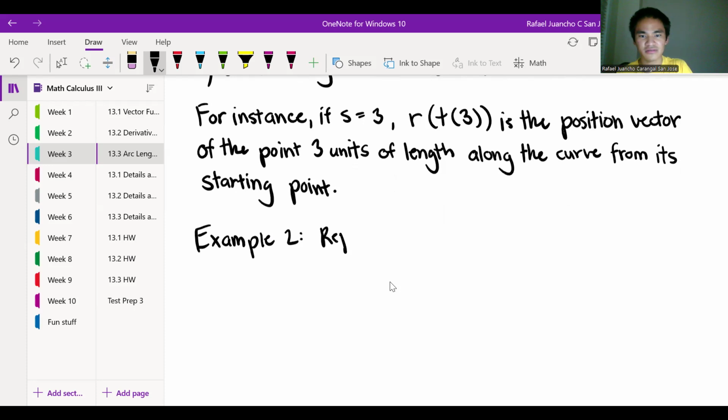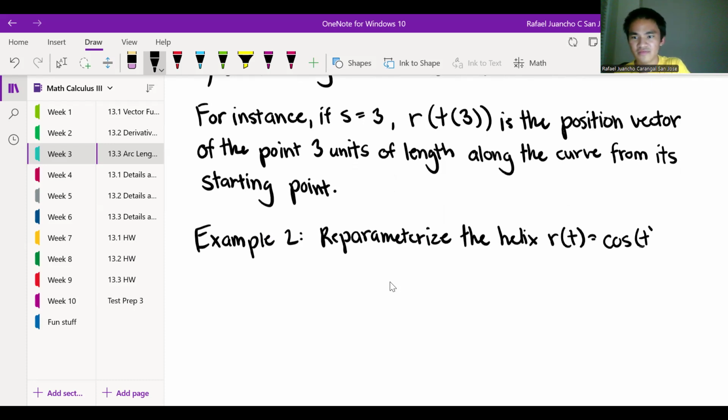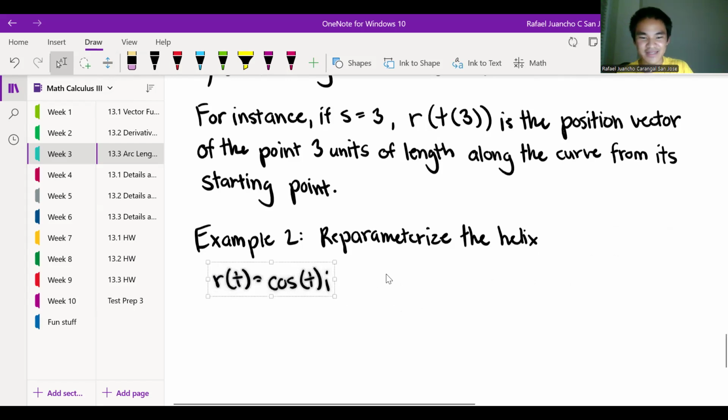We reparameterize the helix R of t is equal to cosine of t i plus sine of t j plus t k.